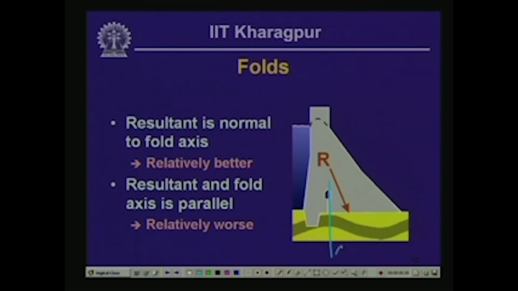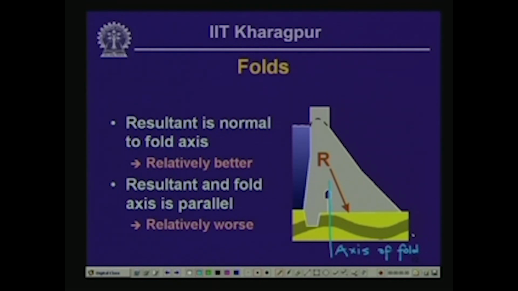So this is the axis of the fold. If we have the axis of the fold perpendicular to the direction of the resultant, then we are better off, and if the resultant is parallel to the axis of the fold, then we are relatively worse off.